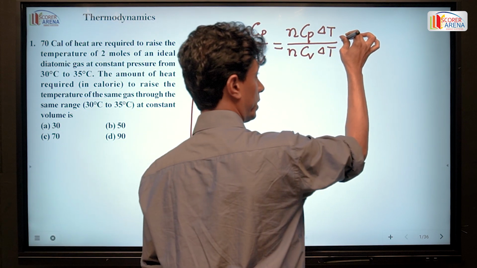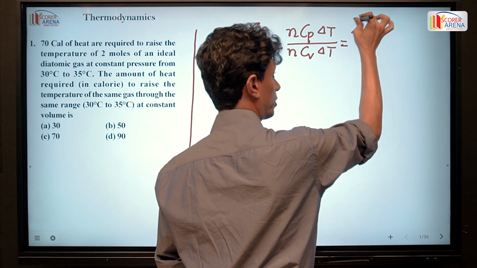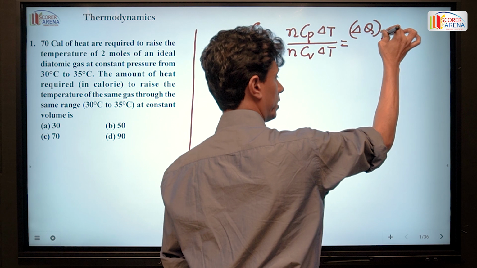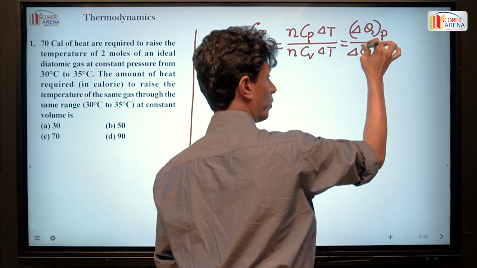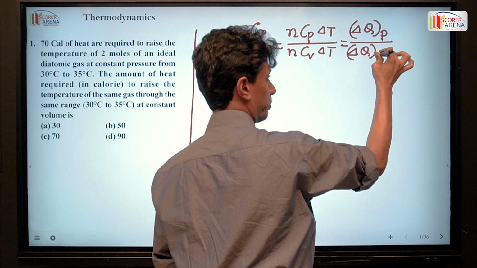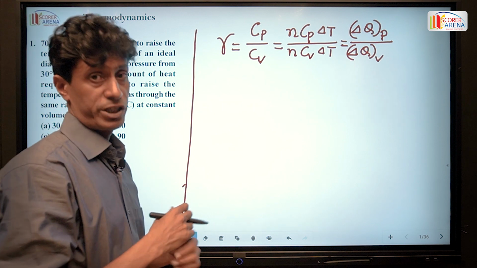So this is the amount of heat required to change the temperature by del T, and this is the amount of heat required to change the temperature del T of the same gas at constant volume.